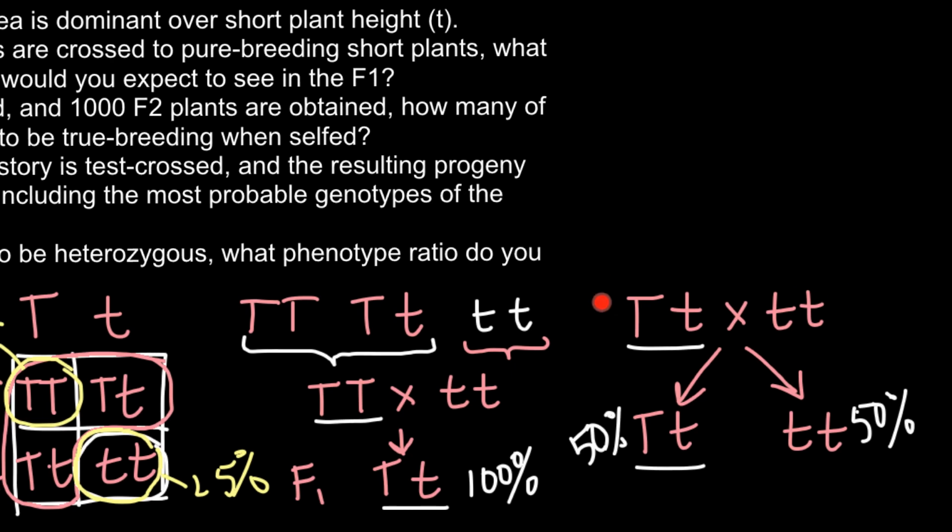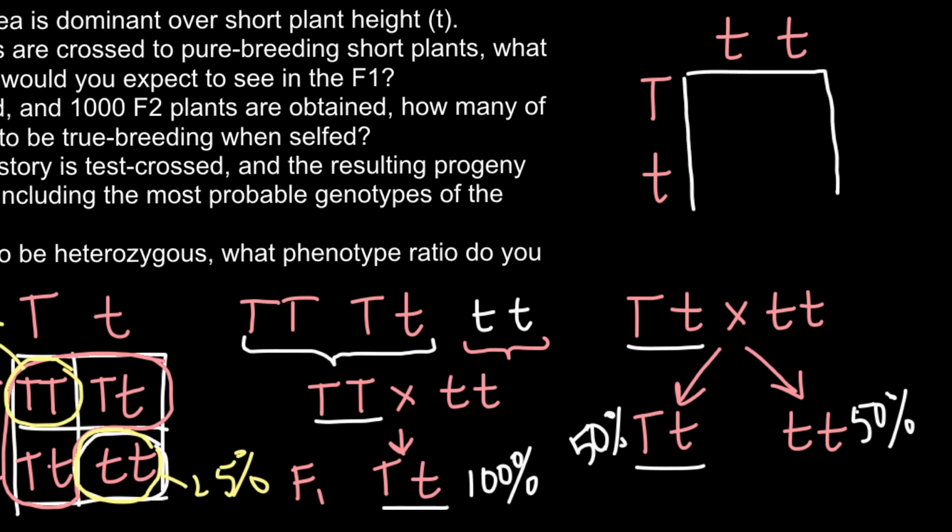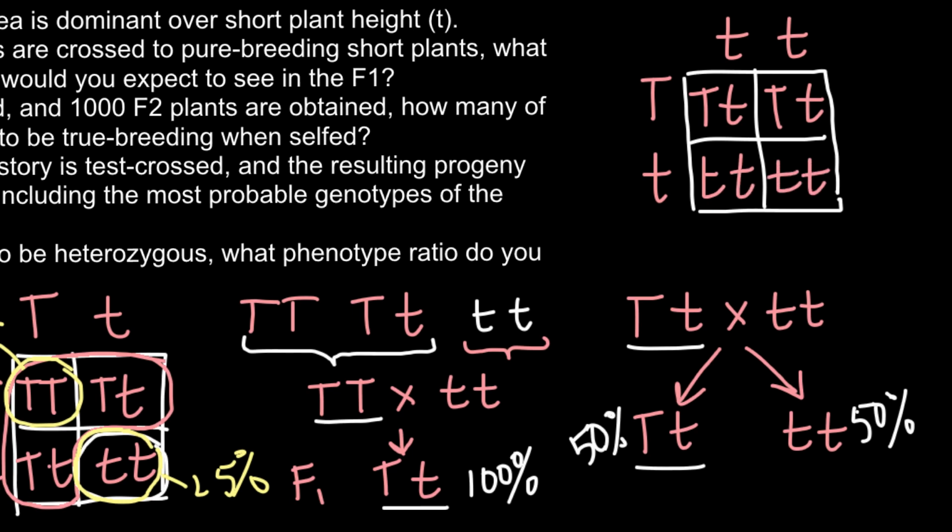In this case, one parent is heterozygous, another parent is homozygous recessive, and if we build a Punnett square, you would see that 50% of the progeny are going to be phenotypically tall and heterozygous, and 50% of the progeny are going to be short.